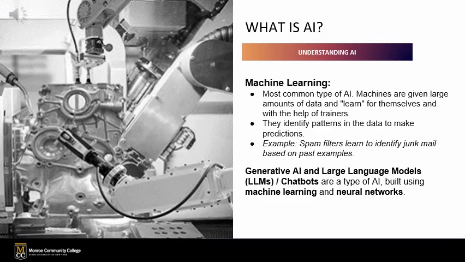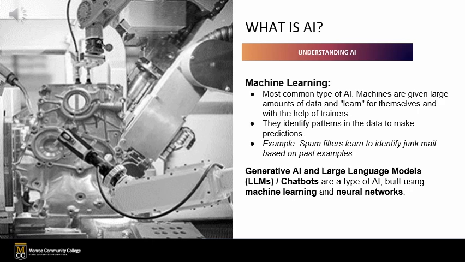Most modern AI uses something called machine learning. Essentially, these systems are fed enormous data sets and they learn to identify patterns, often with human trainers guiding the process. A simple example: spam filters learned what junk mail looks like by analyzing millions of emails.